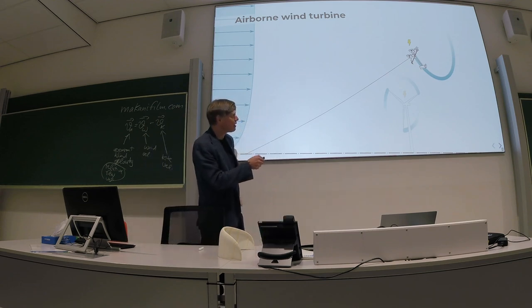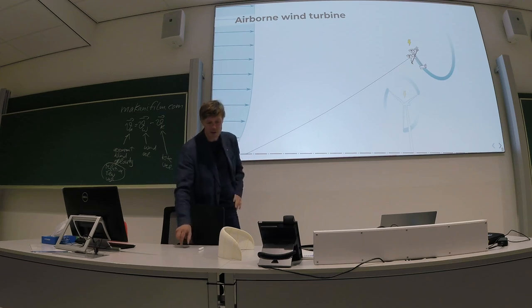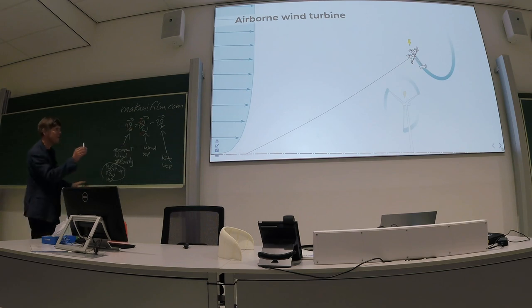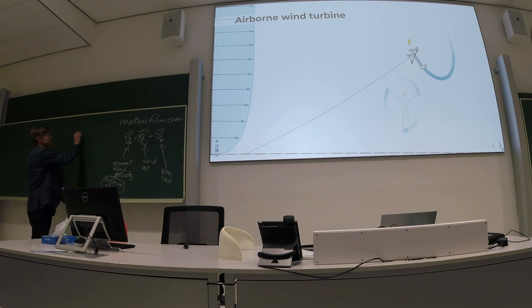And this is the effect that these onboard wind turbines here exploit, because this wind speed is normally, maybe I give you a number example, then it's clear. The wind speed typically is around 5 to 10 meters per second. With a fast flying kite, you can achieve kite speeds of, let's say, 30 to 50 meters per second.